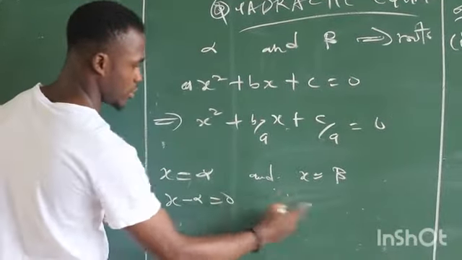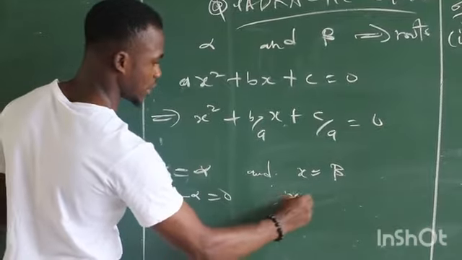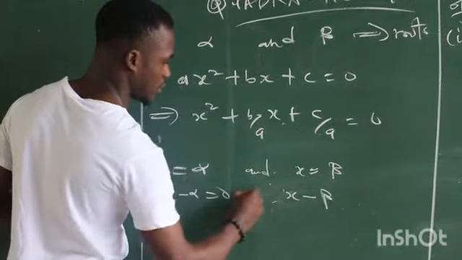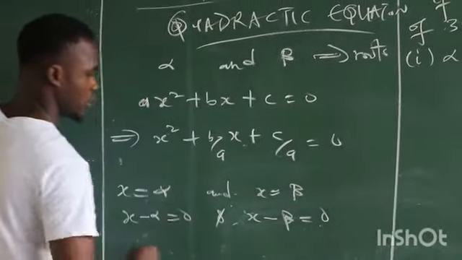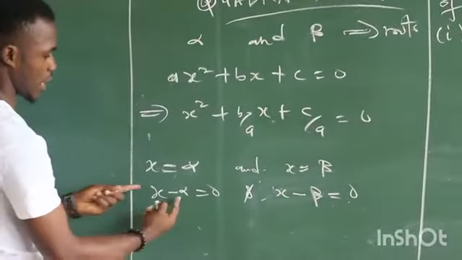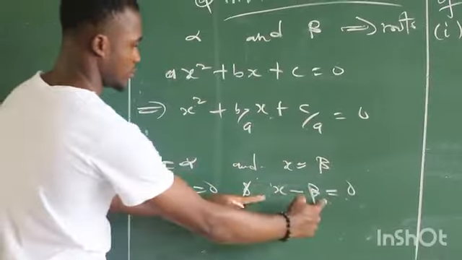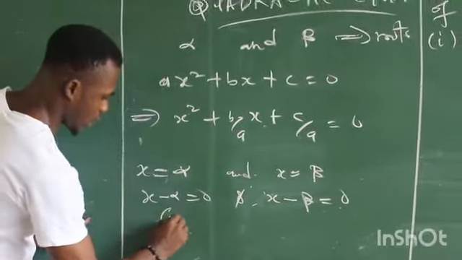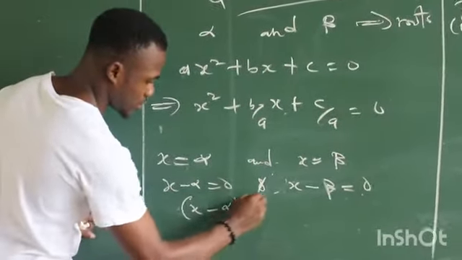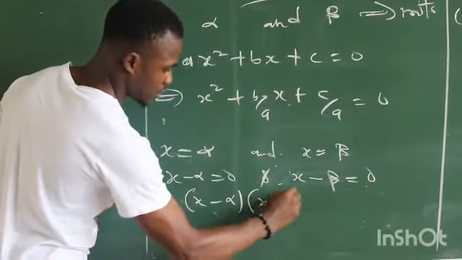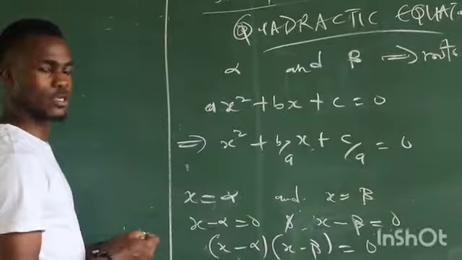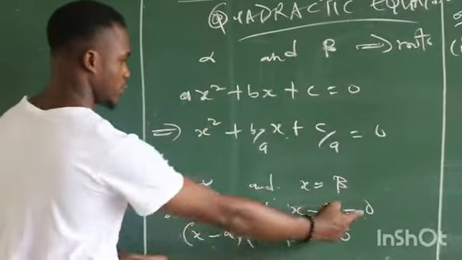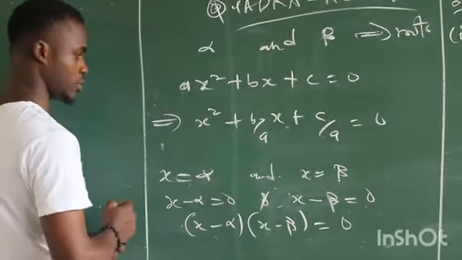equal to 0. Then move this also to this side, you see that x minus beta is also equal to 0. Then when we multiply this and this, you see we have that this will be x minus alpha multiplying x minus beta, which everything should be equal to 0, because their final result is equal to 0, so their product should be 0.